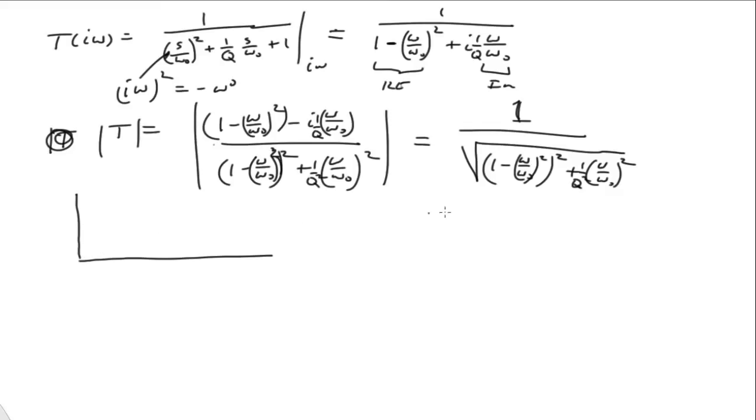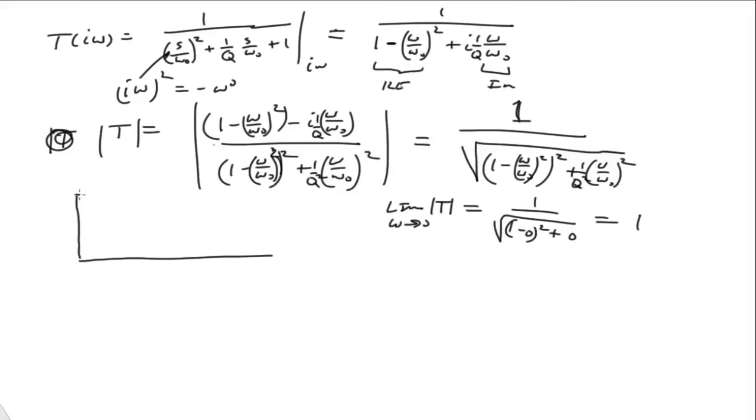So now if I take the limit of omega going to 0 of the complex modulus of T, we see that has to equal, we can plug in the 0 value there, and that becomes square root of 1 minus 0, all quantity squared, plus 0, and that equals 1.